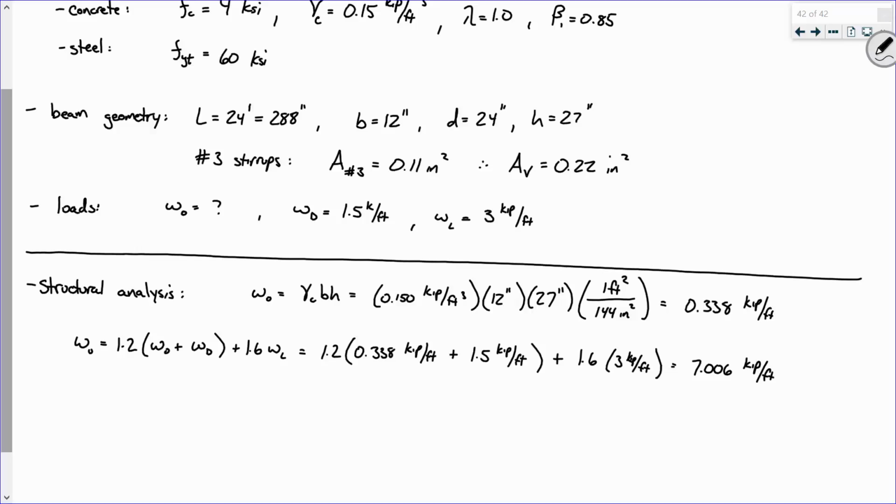Everybody okay with that? Now, help me out. This is a beam with a uniformly distributed load. So what does the shear diagram look like? It's a line, right? What I'm going to do is derive the equation for that line.